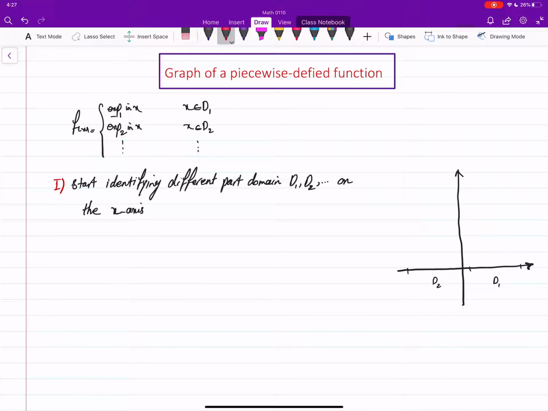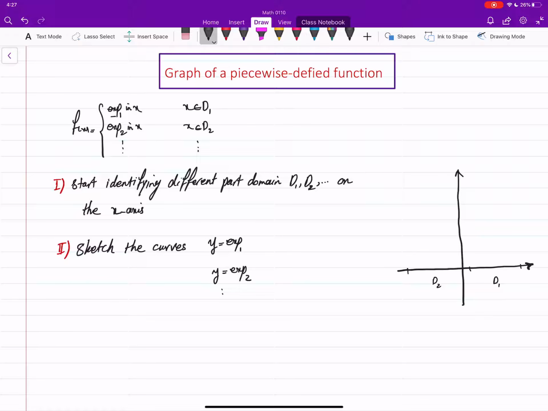Then the second thing is to sketch the curves y equals expression 1, y equals expression 2, and so on.